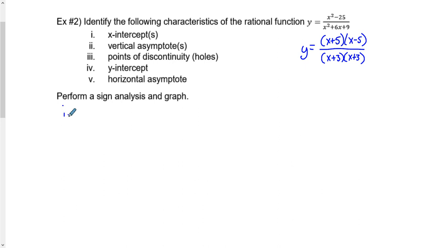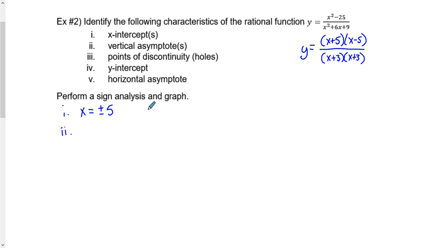So our first thing that we're going to do is our x-intercepts. Well, our x-intercepts only occur in our numerator. So where does x plus 5 and x minus 5 equal 0? At positive and negative 5. This one at negative 5, and this one at positive 5. Our vertical asymptotes are where the denominator equals 0.